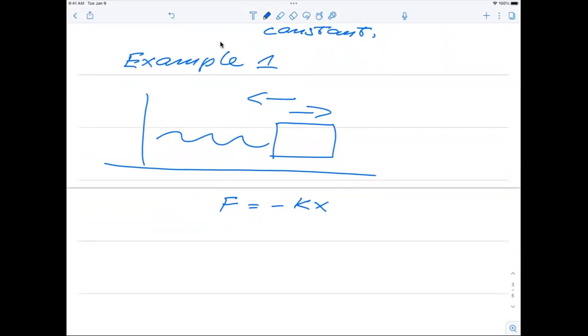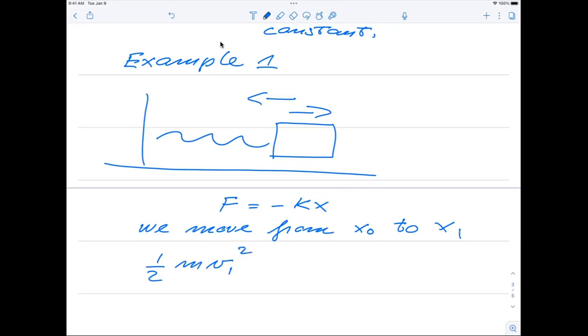Then we can think of moving from a position x0 to a final position x1. Then we have an initial velocity and a final velocity. So we would have a velocity at this point x1, which we just call v1, and an initial velocity, which we just call v0.